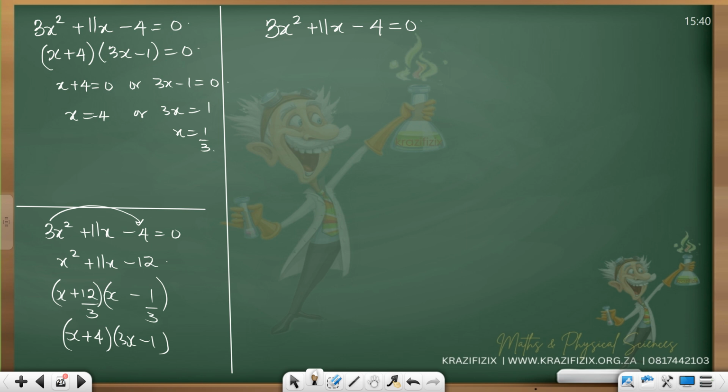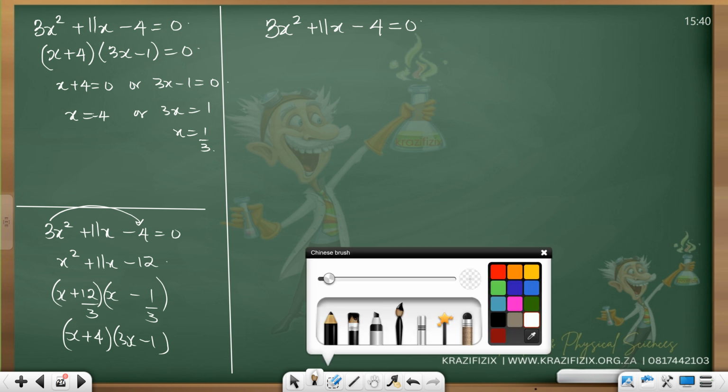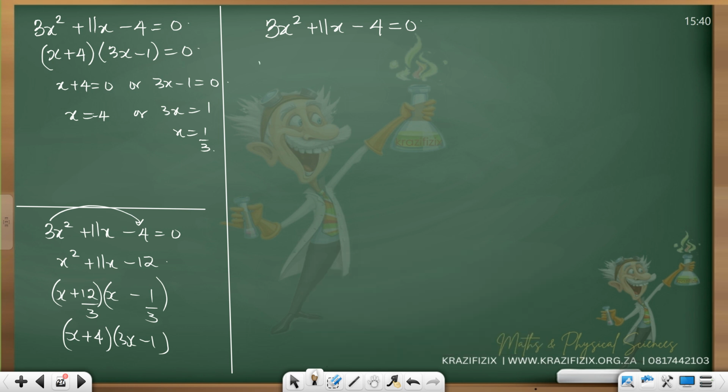And this one is so nice because, do you notice 3 cannot divide any of this? So for now, I want to leave it there. Make sure the coefficient of x squared is 1. Do you see what I did? Now I brought out the 3, divide everything by 3.